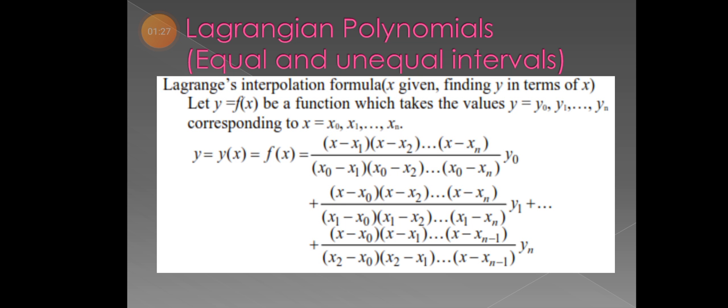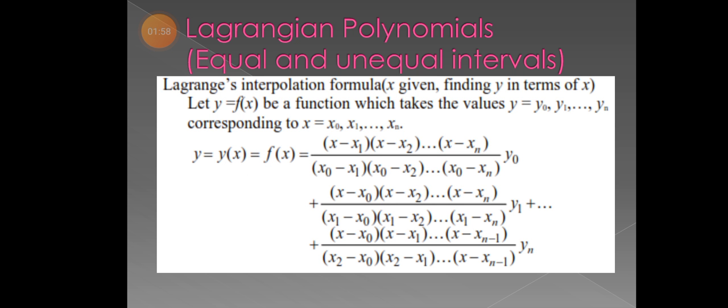Lagrange's interpolation formula: x is given, finding y in terms of x. Let y equal to f of x be a function which takes the values y0, y1, etc., up to yn, corresponding to x equal to x0, x1, x2, etc., up to xn. Here two values play a major role: first x and next y.